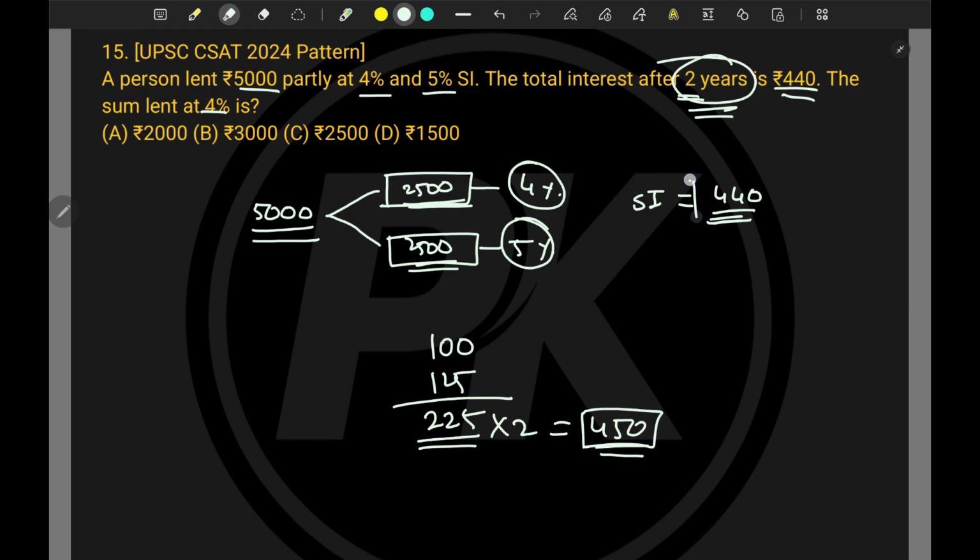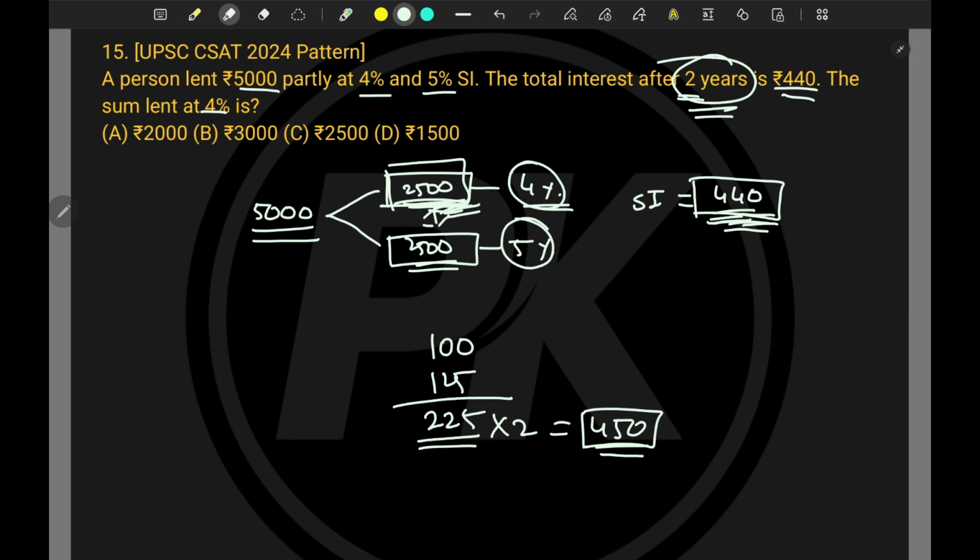But the simple interest he actually got is 440 rupees. What does that indicate? That the amount lent at 4% is more than 2500, right? That's why he is getting less simple interest compared to an equal split. Make sense? Perfect. So that amount must be more than 2500.